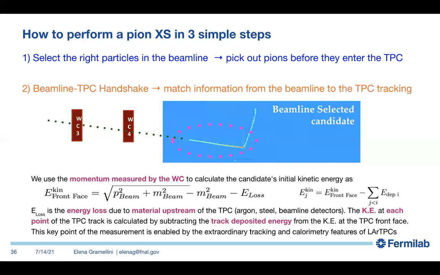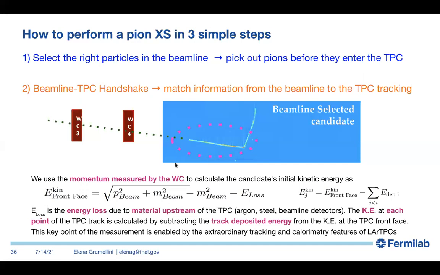This is really powerful because you know in the TPC what the energy of your particle was when it started being in the TPC here, and you know that from the measurement that you did with your beamline detector, so the momentum here. You need to do a mass hypothesis because you know the identity. Oh, this was supposed to be m, not m squared, I'm sorry.